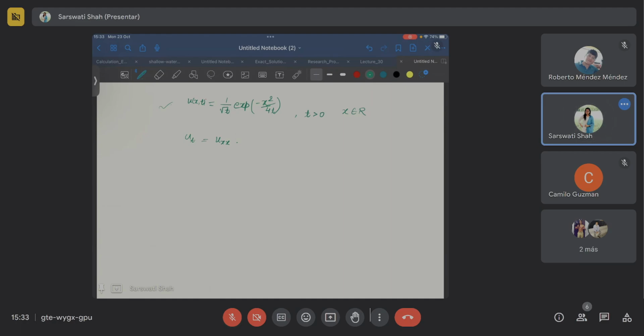And I said that if u1, dot dot dot, un are solutions of the PDE u_t equals u_xx for x belonging to R^n.